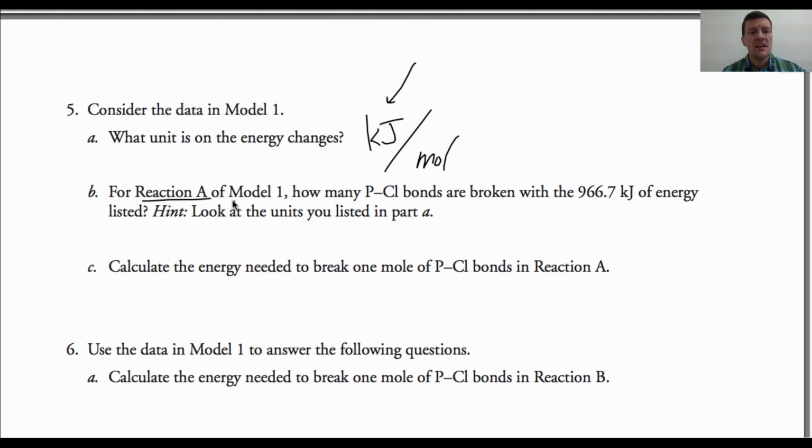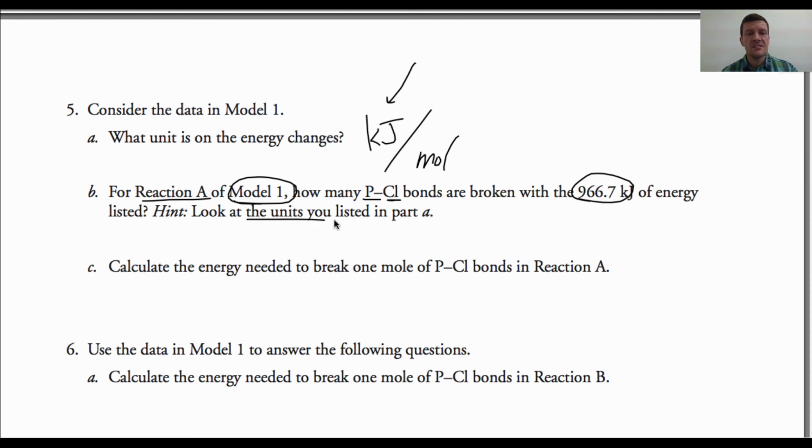For reaction A, Model 1, how many P-Cl bonds are broken with the 966.7 kilojoules of energy? So we have to look at the units here.